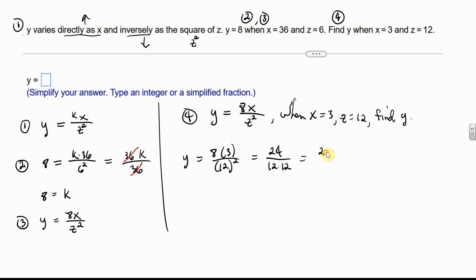So this is 2 times 12 over 12 times 12. So the answer that we want is 1 over 6. Okay. So that's just an example of the joint variation.